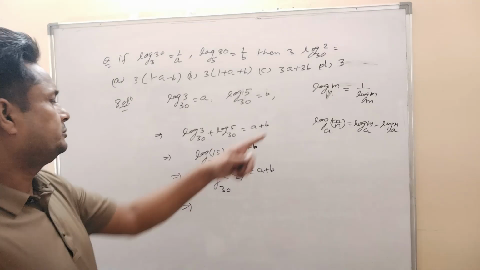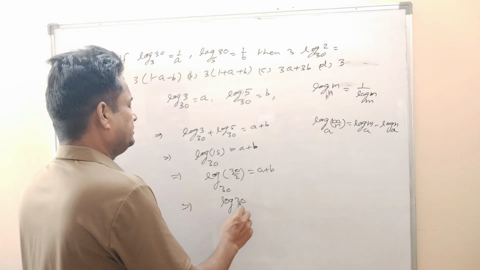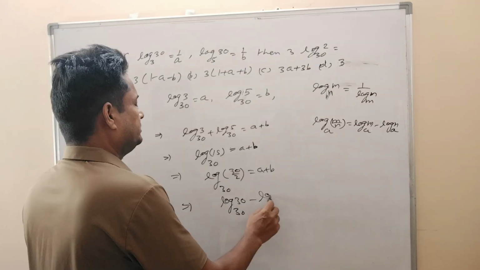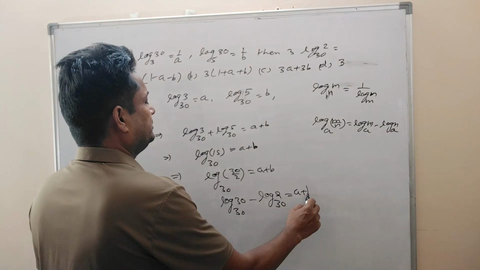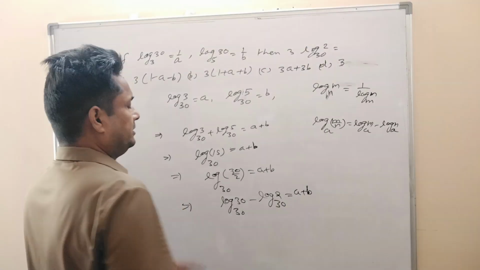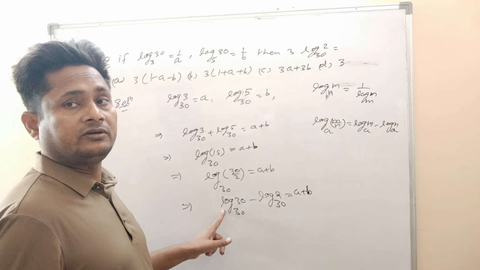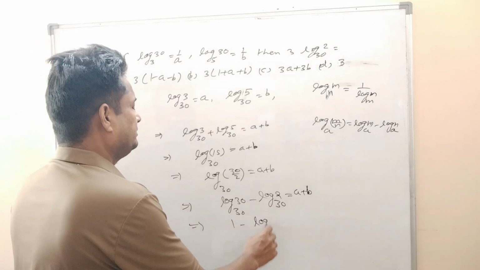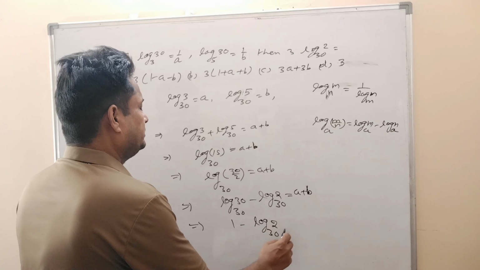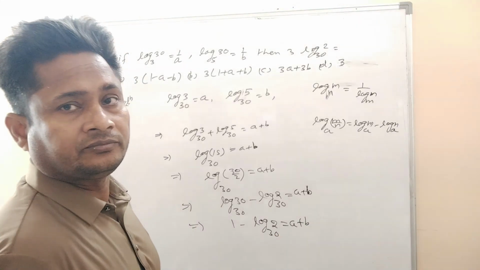So use this property again here. This can be written as log 30 base 30 minus log 2 base 30 is equal to a plus b. And I told you log a base a is equal to 1. So this is 1 minus log of 2 base 30 is equal to a plus b.